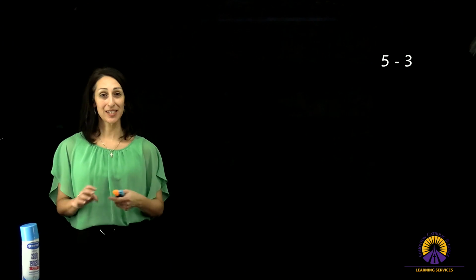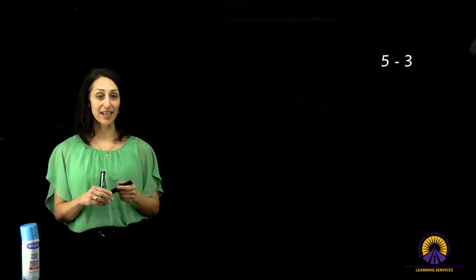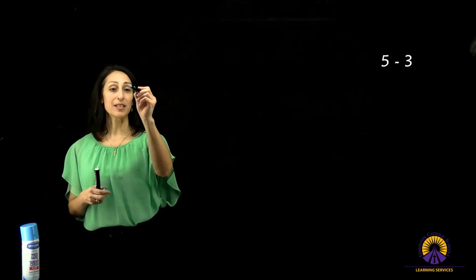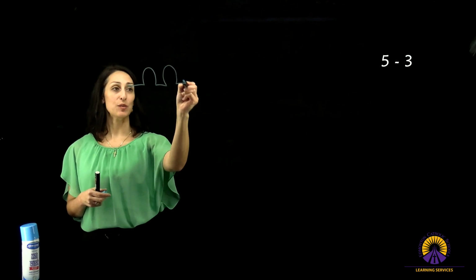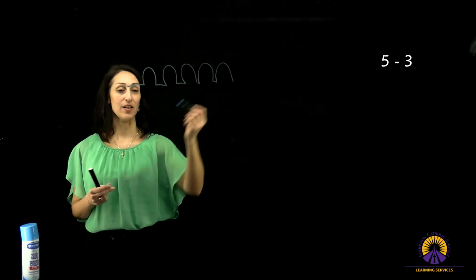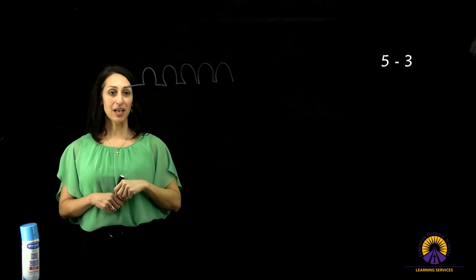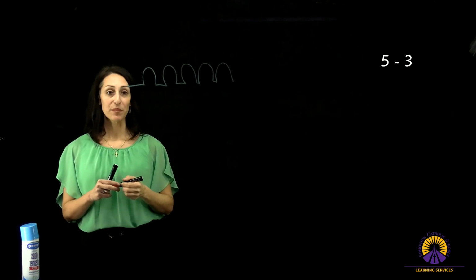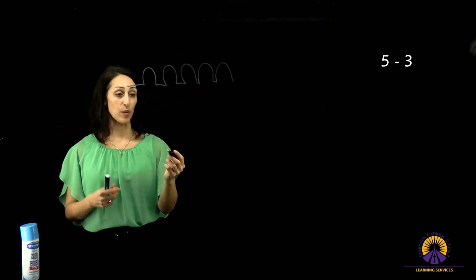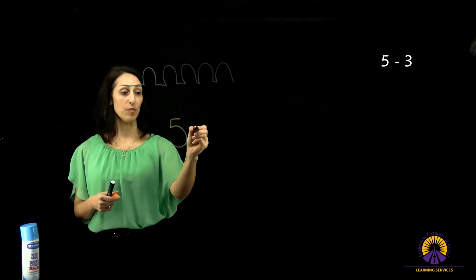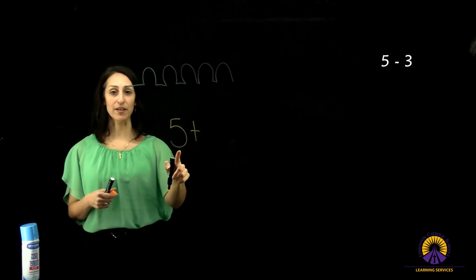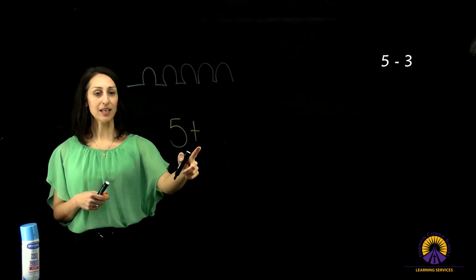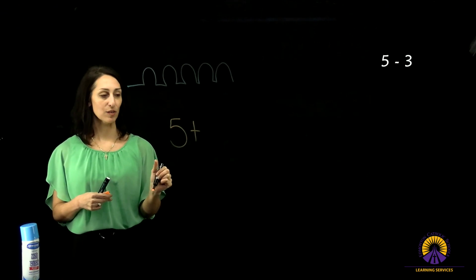If I continue with this idea of the analogy of the sand, I'm going to create my 5 piles. 1, 2, 3, 4, 5. And it's telling me that I want to take 3 piles away. So if I want to think about subtraction as an addition problem, I need to think about 5, and I need to add something that is going to allow me to take 3 piles away.